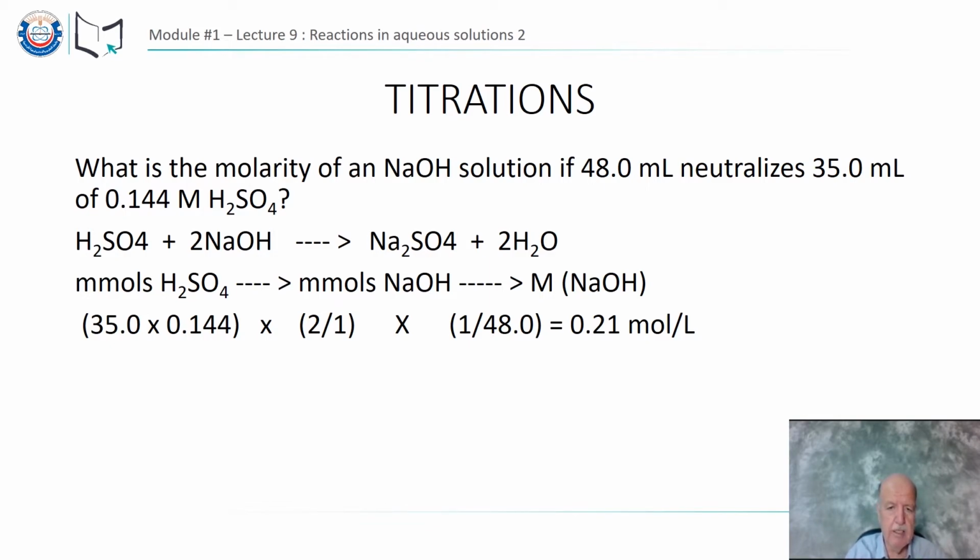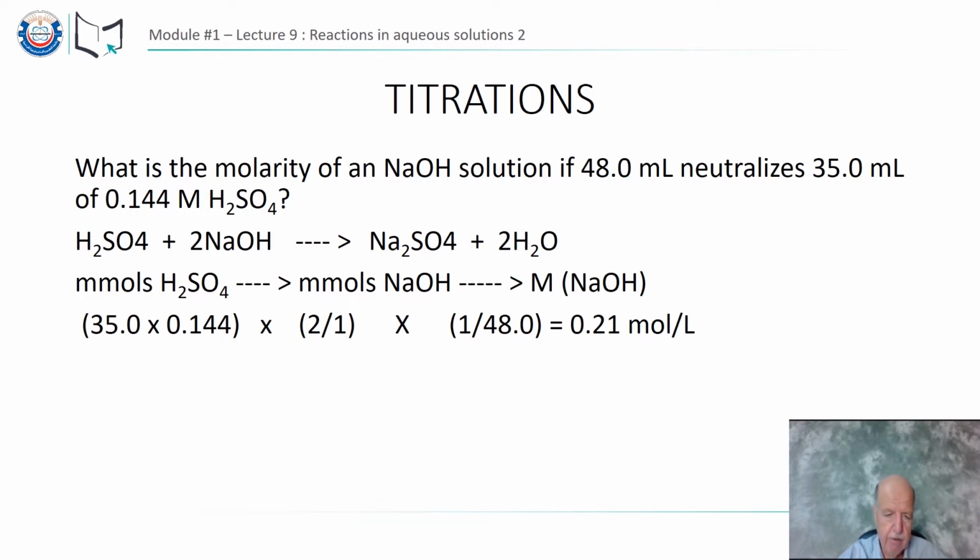Question: what is the molarity of NaOH if 48 mL neutralize 35 mL of 0.144 molar H2SO4? So it is a titration reaction, a neutralization reaction between H2SO4 and NaOH. What I was given is the volume of H2SO4 and its molarity.